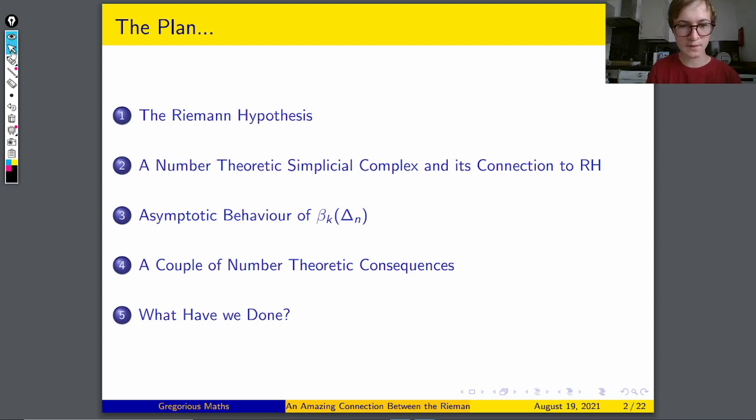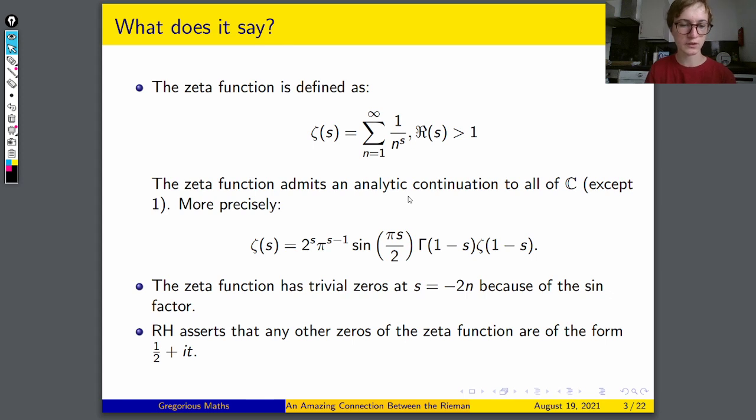So, firstly, let me introduce the Riemann hypothesis and the zeta function. It's defined on complex numbers, and when the real part of s is bigger than 1, we define zeta of s as this sum here. Now, this is quite a natural thing to study.